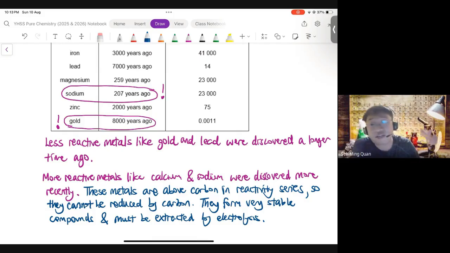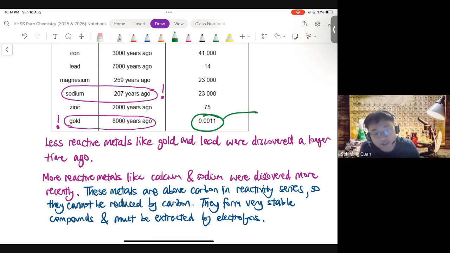I mean, if sodium is expensive, you can understand why. Because sodium is difficult to extract. You need to use electrolysis for sodium. So I can understand why sodium is so expensive. But why is gold so expensive? Surely it has not to do with the reactivity, right? Gold is unreactive, it's easy to extract. Now, gold is expensive not because it's difficult to extract.